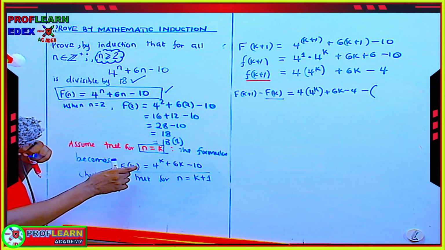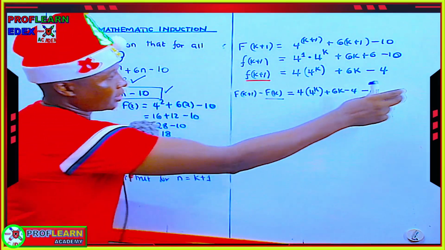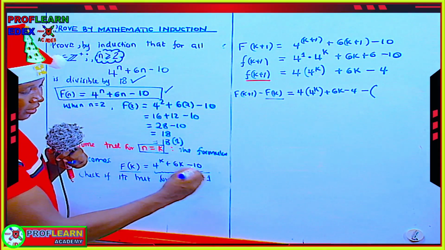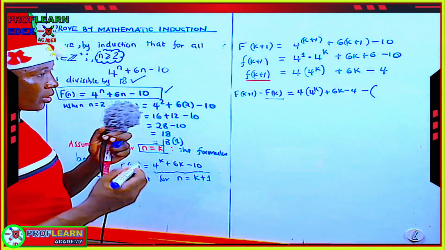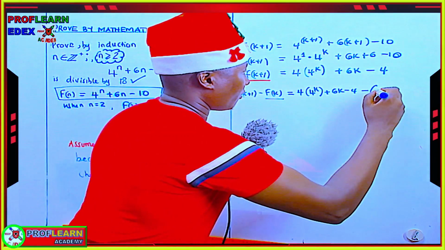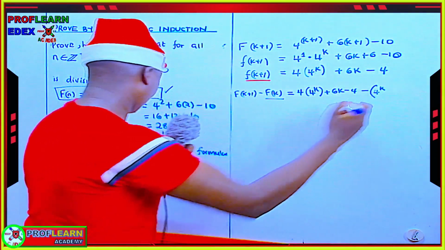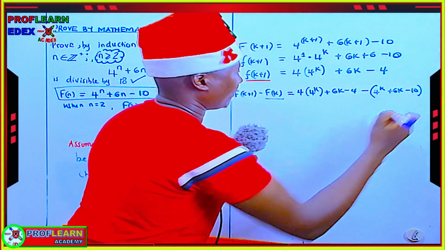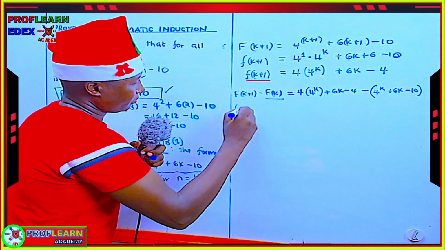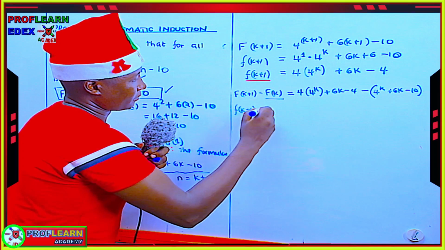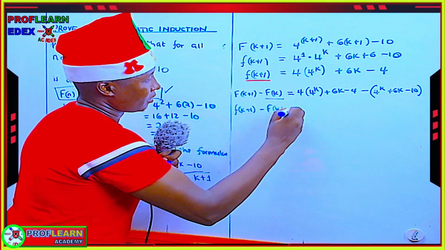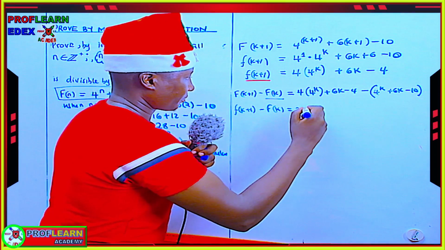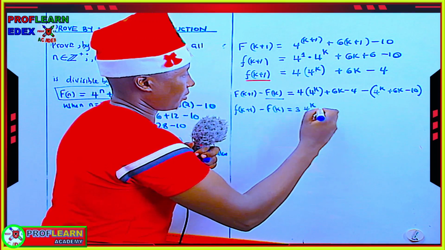So if we subtracted f of k on this side, on the other side we are going to subtract this expression for f of k also. So we are going to subtract 4 raised to power k plus 6k minus 10. So f of k plus 1 minus f of k is equal to, if we subtract this, we remain with 3 times 4 to the power k.